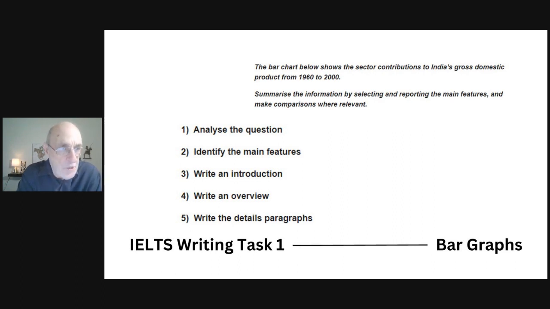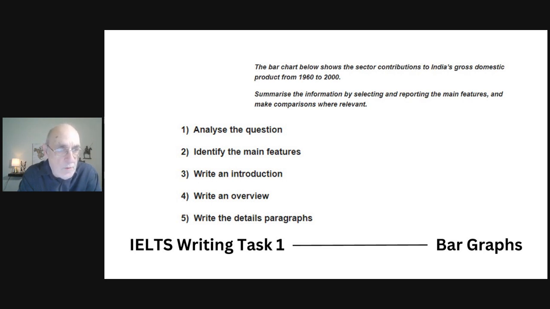First of all, as you begin to plan your strategy for this essay, the first thing you want to do is to analyze the question and make sure you know the task that you have to achieve. So you're going to look at the topic and you're going to look at the requirements for this essay.